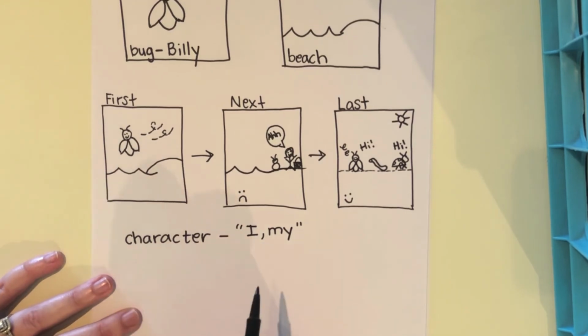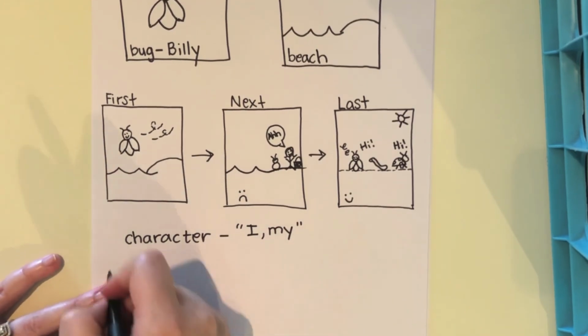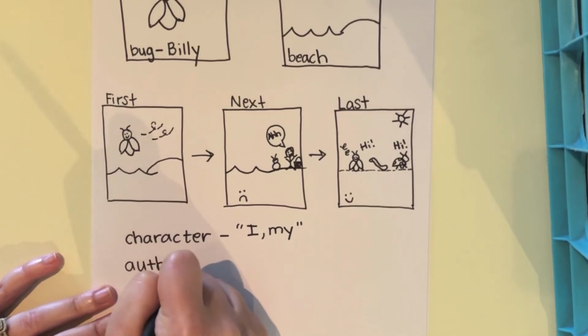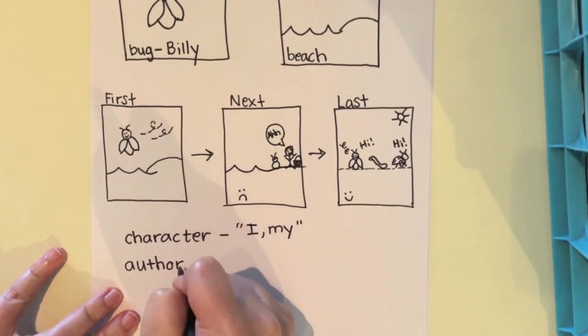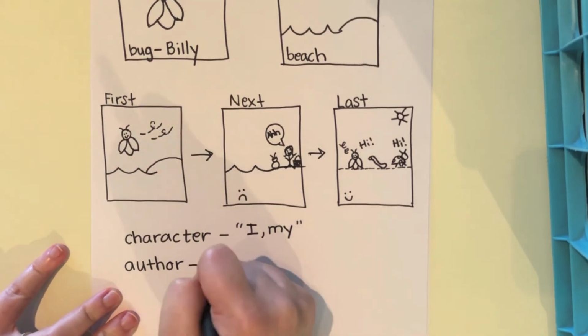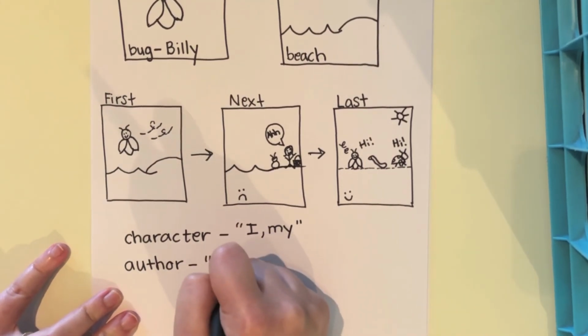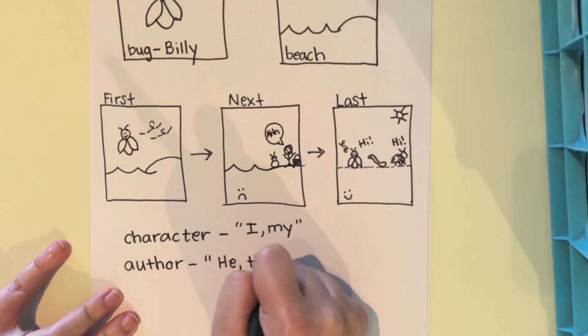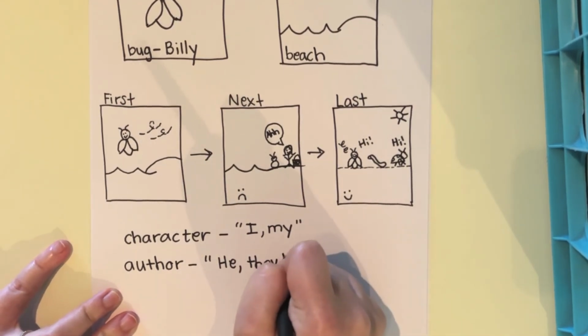So that would be if the character is telling the story. We can also have where the author, or we also call that the narrator, is telling the story. And they would use words like he flew in the air, okay? Or they played together on the beach.